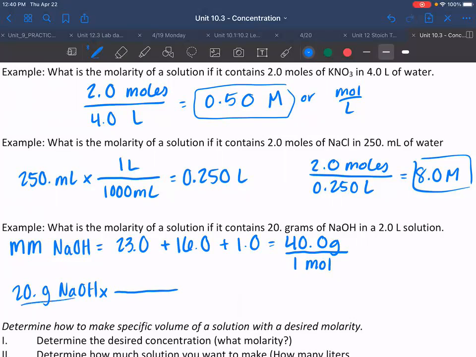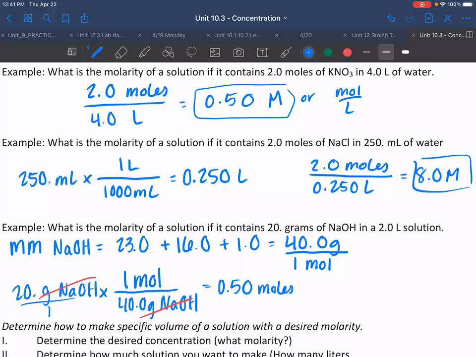And so if we remember this over our imaginary one, technically that's on the top of a numerator. So we're going to want to put our 40 grams of NaOH on the bottom, because this allows grams of NaOH here to cancel with the one here. And our molar mass always goes with the unit 1 mole, because again, that's the definition of molar mass, the mass of 1 mole. Well, 20 divided by 40 gives us 0.50 moles.